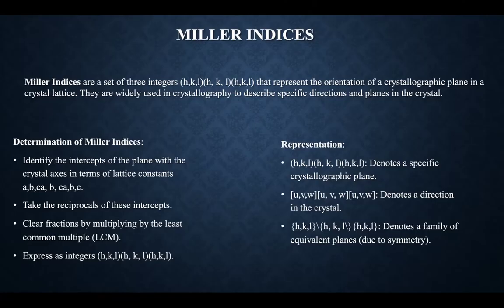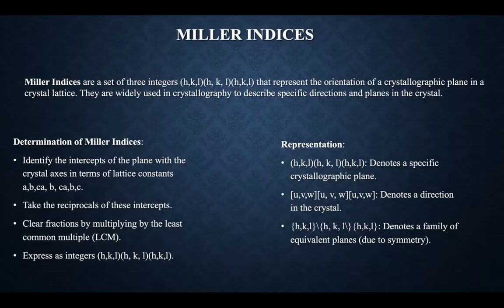To determine the Miller indices, first we identify the intercepts of the plane with the crystal axes in terms of the lattice constants A, B, C. Then we take the reciprocal of these intercepts. This is the second step. Then by clearing the fractions by multiplying by the least common multiple, that is, the LCM, and expressing them as integers, we get the Miller indices.